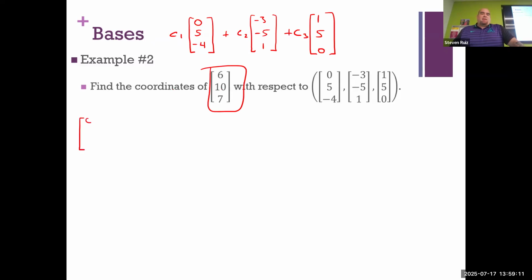So if I rewrite this as a matrix, I get 0, -3, 1, 5, -5, 5, -4, 1, 0, times C1, C2, C3.